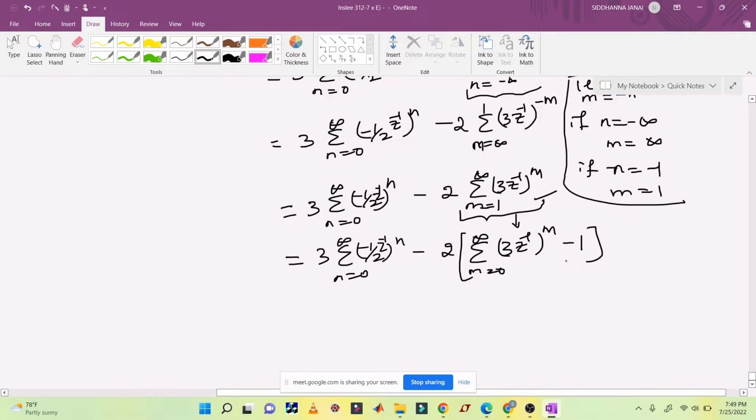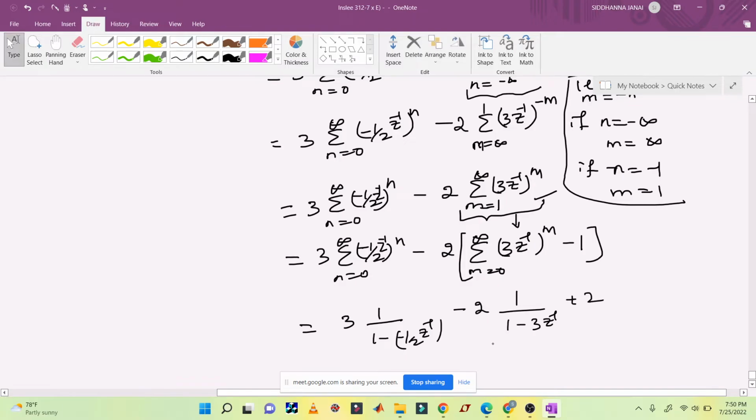For this one, what is the equation? 3 divided by 1 minus 1 by 2, that is 1 minus (minus 1 by 2 z inverse). This is the answer, minus 2, and this is 1 divided by 1 minus 3 z inverse, minus into minus plus 2.